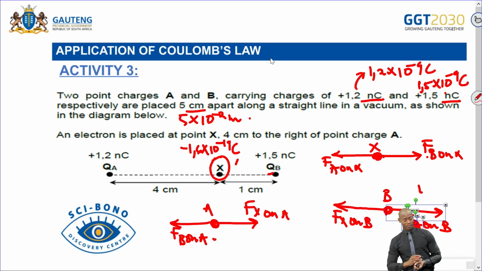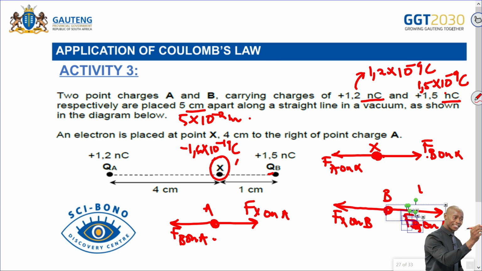So this is where we have to start when we are dealing with such questions, right? To start by drawing a free body diagram. So for X, this is X. Is there a force of attraction or repulsion between X and B? It is attraction. So X is attracted to B, X is also attracted to A. If this is the free body diagram for B, is there a force of attraction or repulsion between B and X?